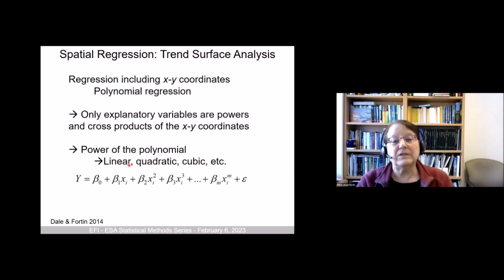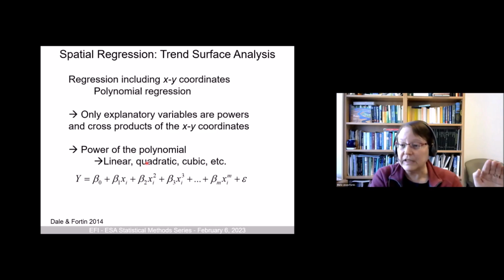This is known as the polynomial regression, where you add different exponent powers to the coordinates, and then you could have a quadratic, cubic, and different shapes. This is good if the pattern that you're studying is over the entire study area, but if there are different types of spatial structure, this is not going to be as useful a method. That's why several other methods have been developed.